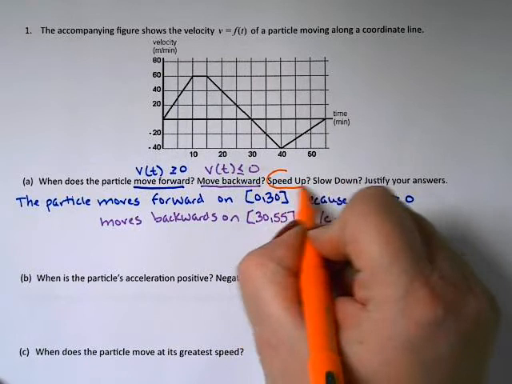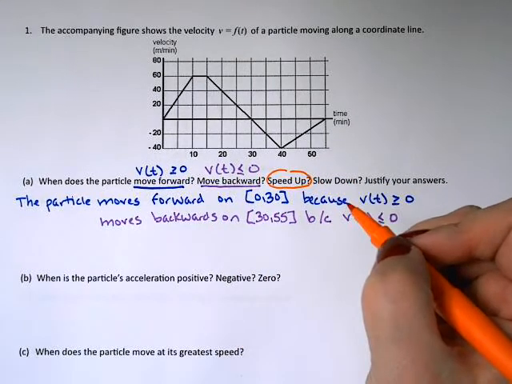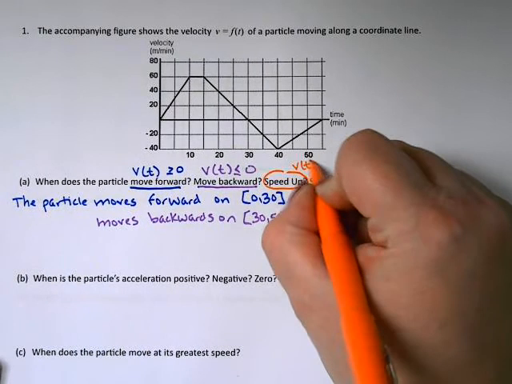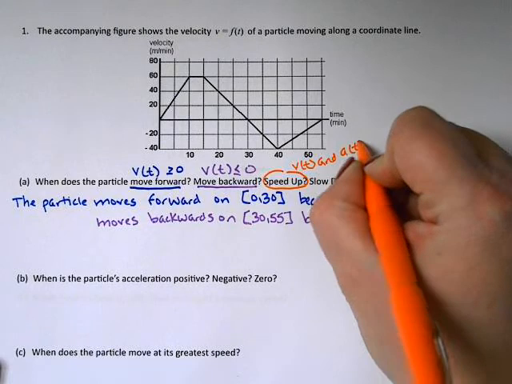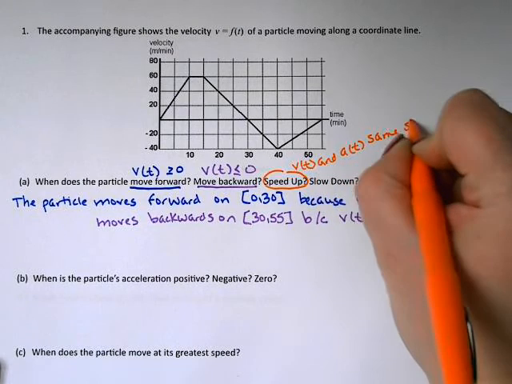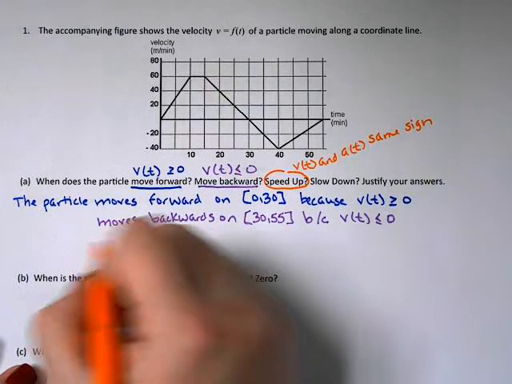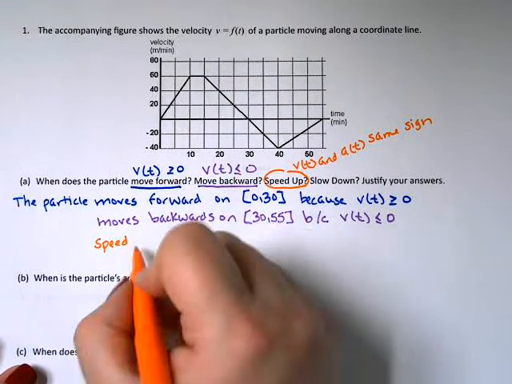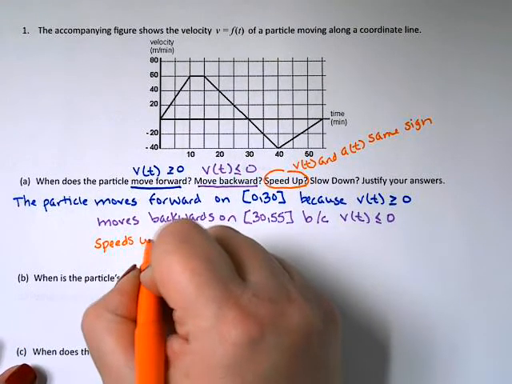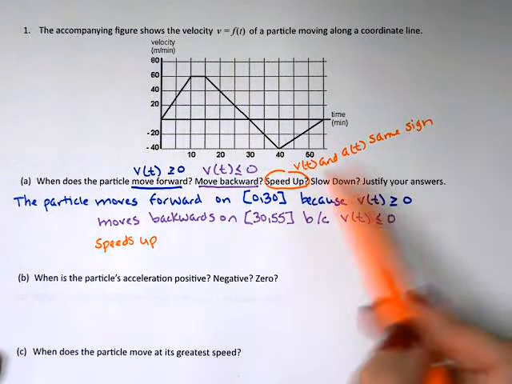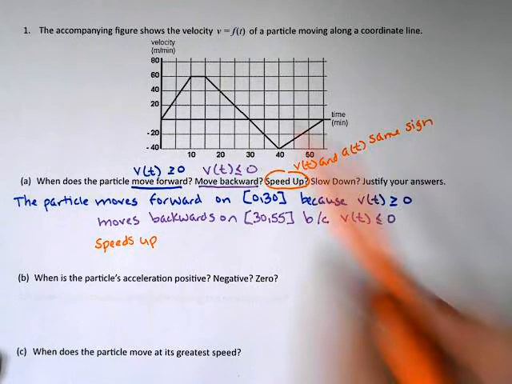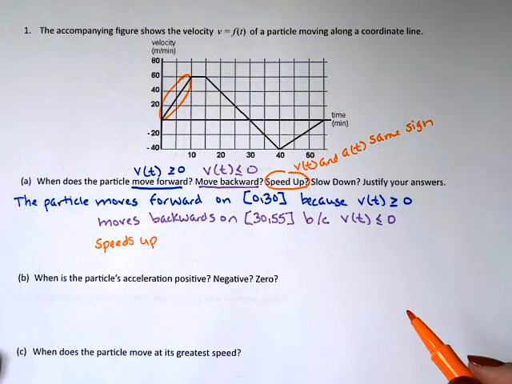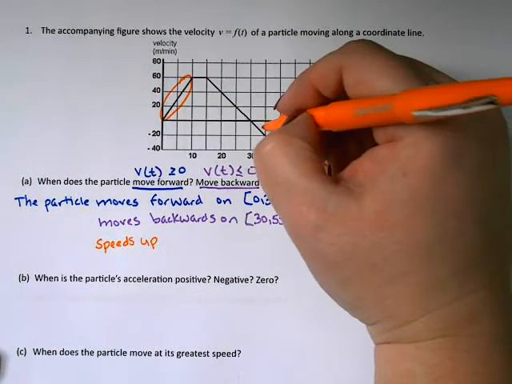All right, speeding up. We just talked about how if we want to know when something is speeding up, we need the velocity and acceleration to have the same sign. So the particle speeds up when velocity and acceleration have the same sign, so we either want to be above the x-axis with a positive slope, or below the x-axis with a negative slope.